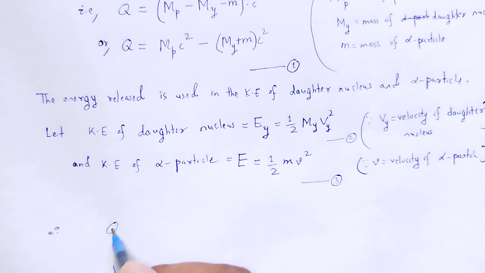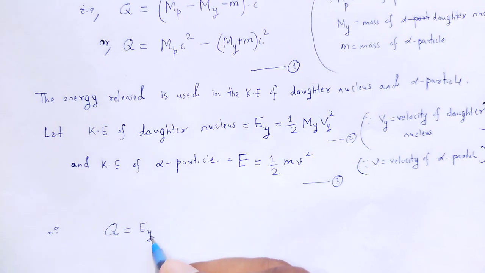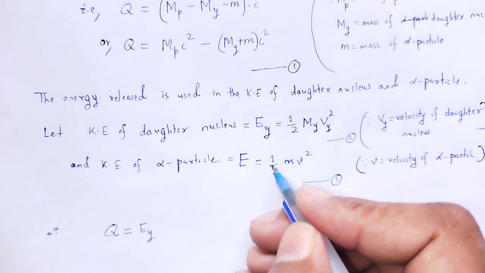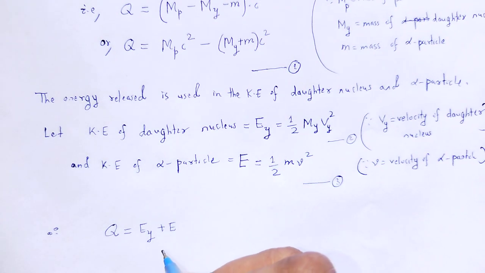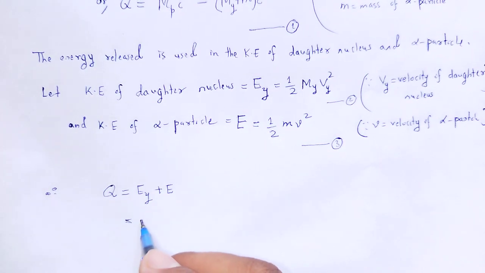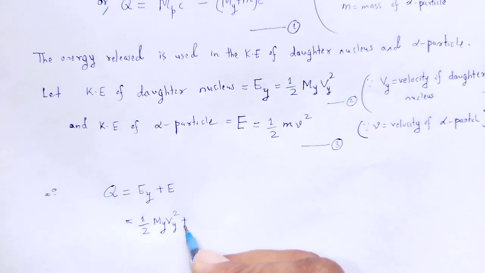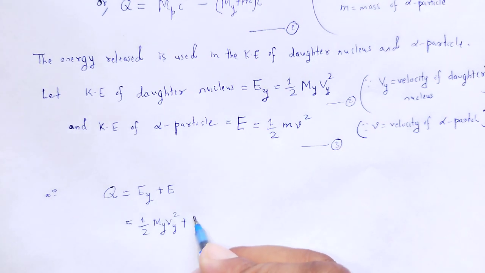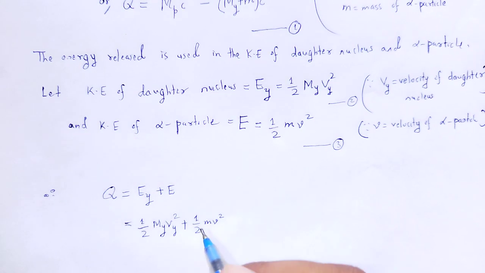Therefore, Q is equal to Ey plus E, that is half My Vy square plus half m v square.